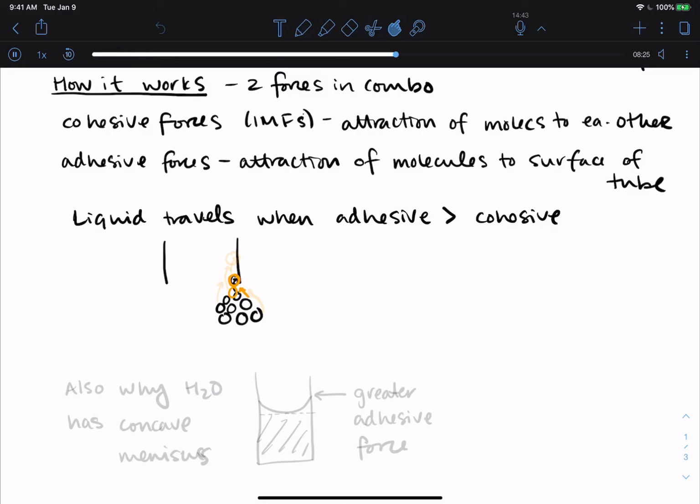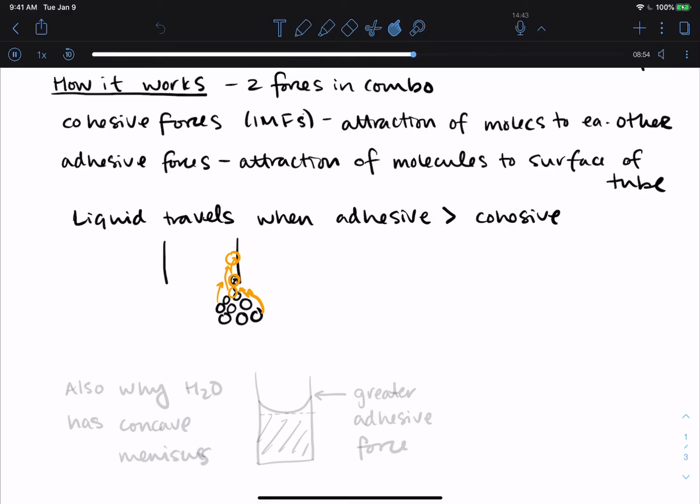And so this water molecule keeps getting attracted to the side of the tube, and then this one is attracted to this and gets pulled, and then this one was attracted, so it gets pulled. And so the initial water molecules are just attracted to the side of the capillary tube, but the rest of them get pulled along because of the strength of the intermolecular forces.